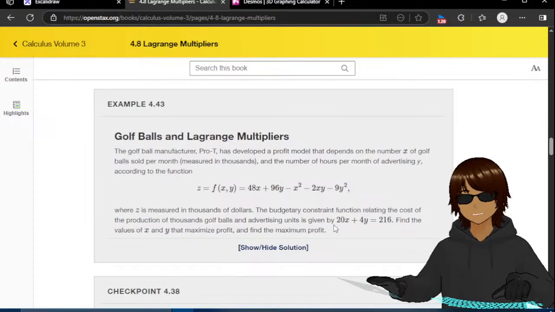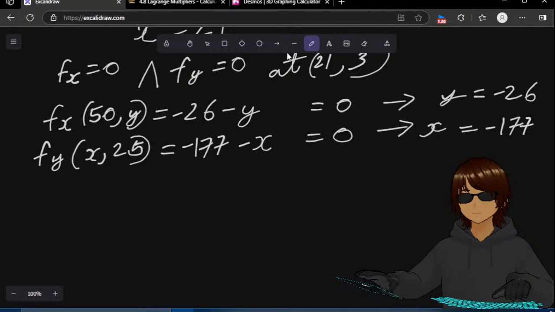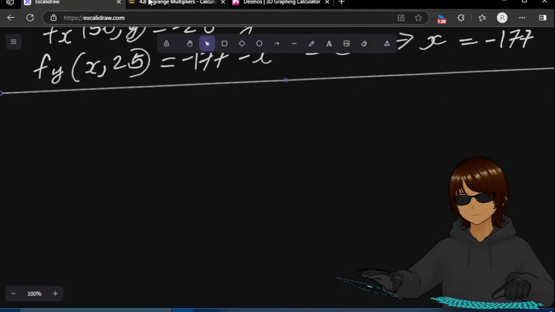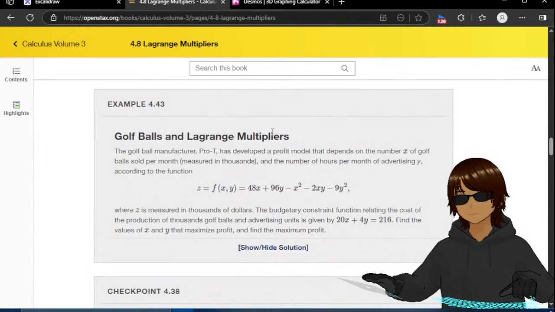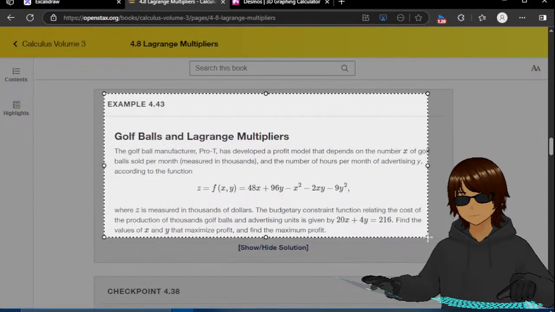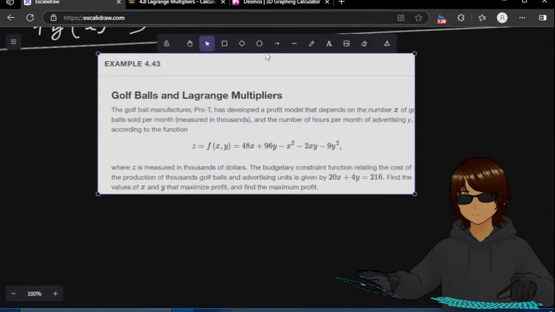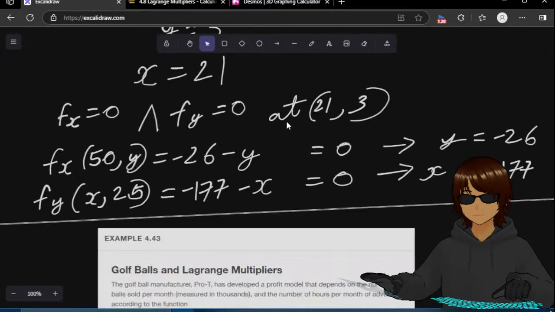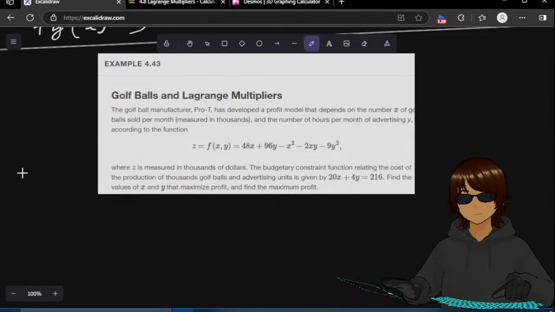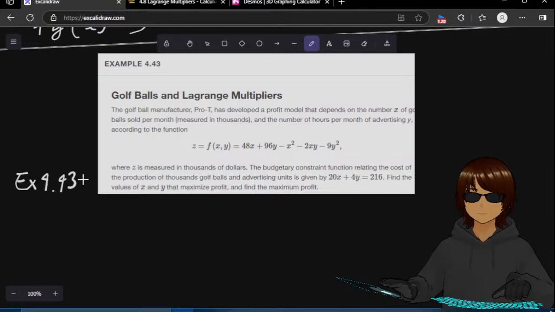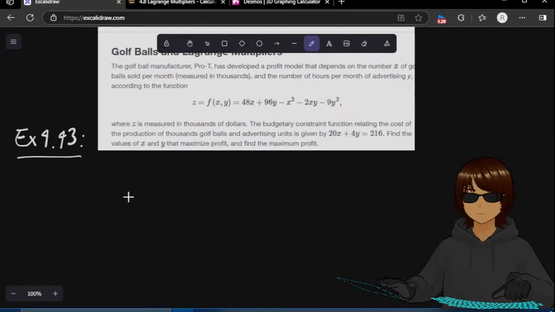And this is the constraint. So we already have this thing here.